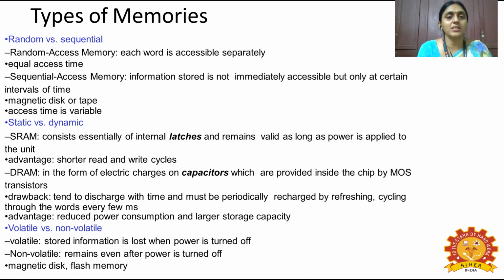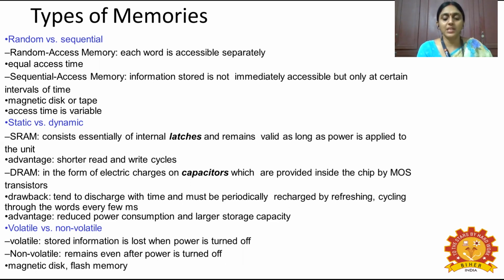In sequential access memory, the stored information is not immediately accessible but only at certain intervals of time. Sequential access memory involves magnetic disk or tape, and here the access time is variable.